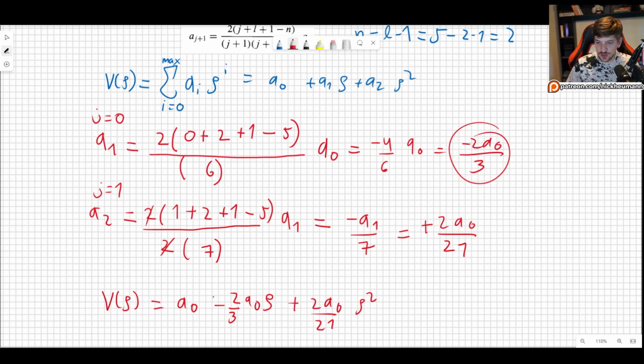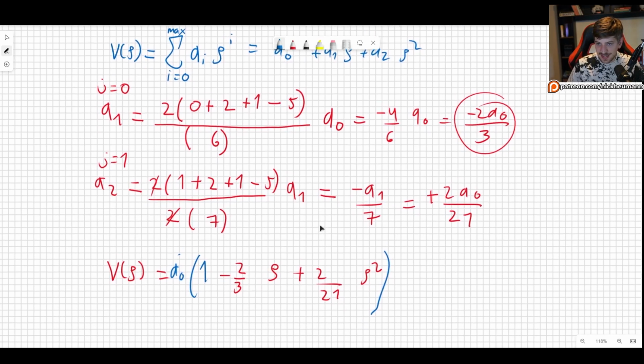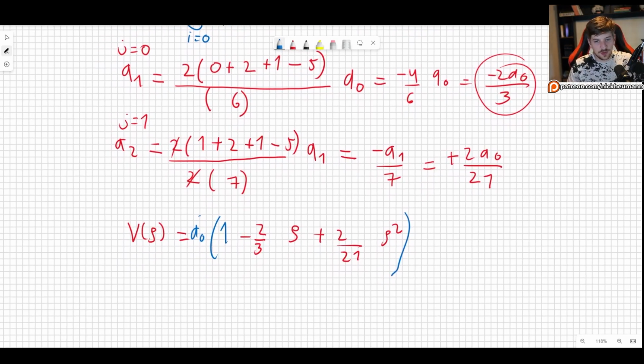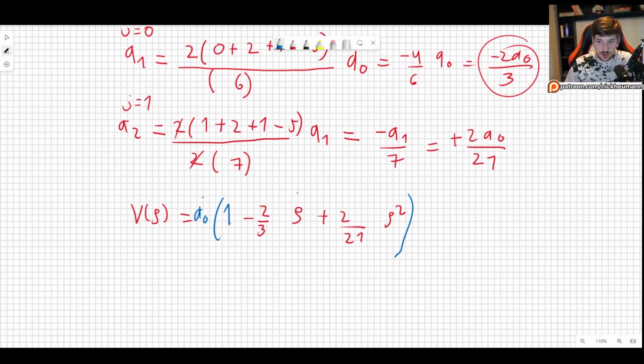Now notice, of course, we can factor out A0. So we can write A0 here and 1 minus this. And this is our polynomial. Now it's not the same as before, as you may notice, and that is because we have not normalized. We don't know what A0 is. But let's just multiply by 21 and divide by 21, basically factor out this 21.